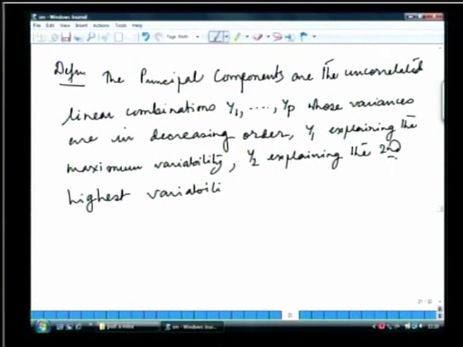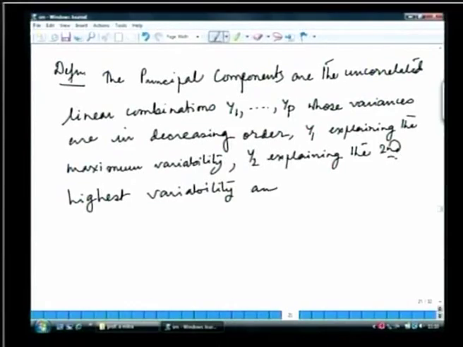Now, it's very logical that we have this criterion on the principal components, because our ultimate aim is to restrict the number of principal components to as few as possible. If only the first one can explain the maximum of the variability, it can be so high that sometimes we may be satisfied with the first principal component only, and in that case we will say that the whole data dimensionality has been reduced to 1. We are happy with a value of k equal to 1, as low as that. So, we must have the principal components designed in this fashion, y2 explaining the second highest variability, and so on.